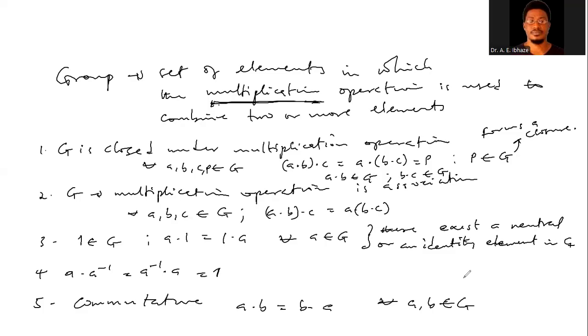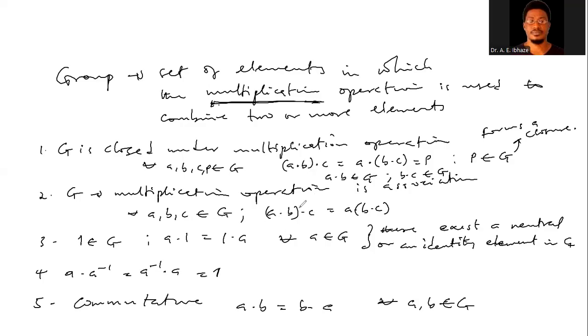Okay, now this particular point, this inverse operation, is of interest to us. If you recall, I said 1 is a neutral element or an identity element when we are dealing with multiplication operation. But you now see that 0 is also a neutral element when we are dealing with addition.